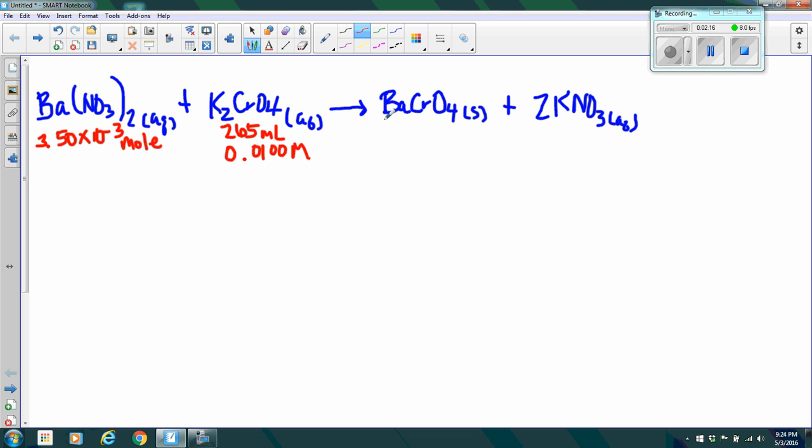And somewhere it says that we want to get the grams of precipitate, and the precipitate is the solid, so I know that this is going to be my X, and I'm going to get it to grams.